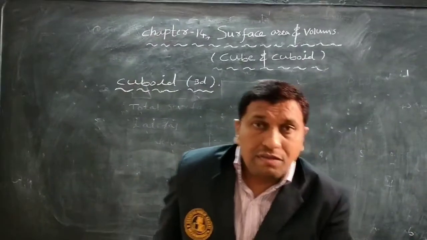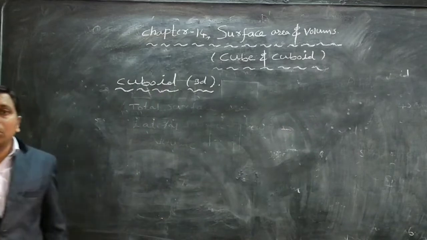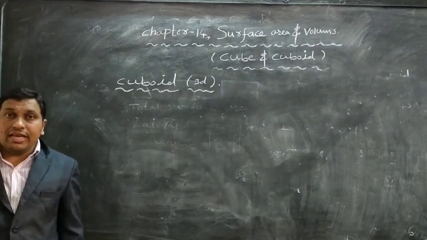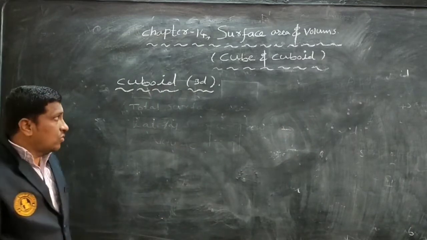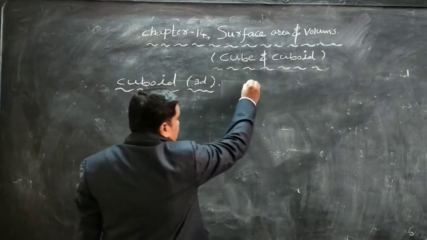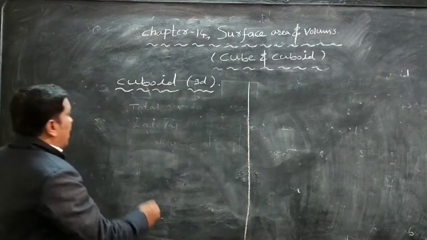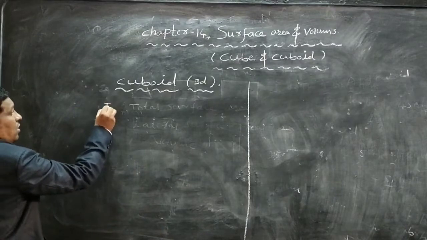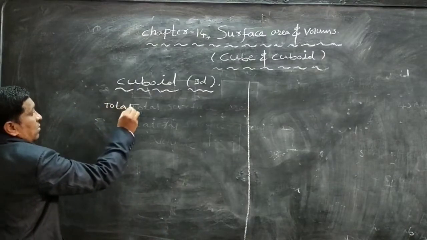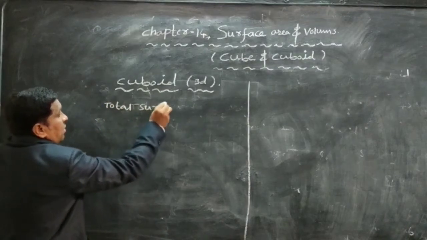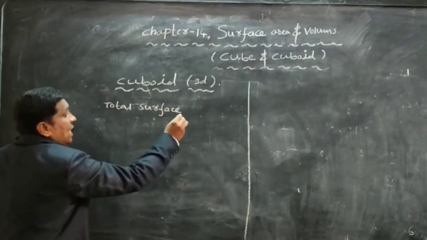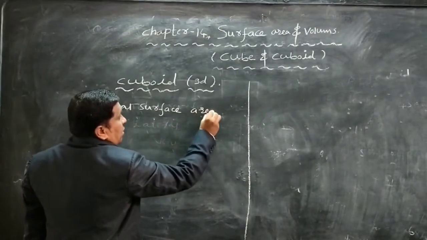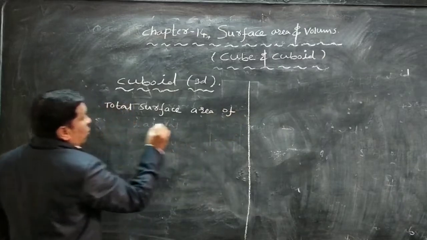Now we have to find the formula for the total surface area of a cuboid. This is the important one.